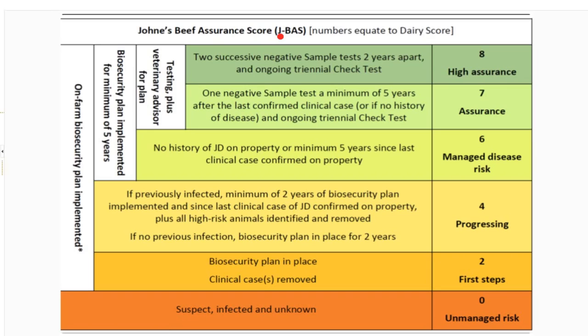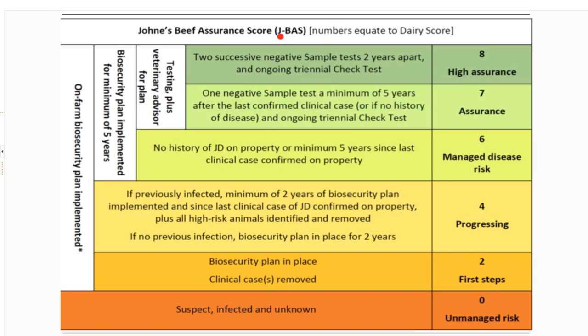Currently, in the interim arrangements that exist till the end of this month, most former market assurance program herds will be level 8. If you're in any of the protected zones or you're a beef herd in Victoria or Tasmania, you'll currently be given an interim score of 7.